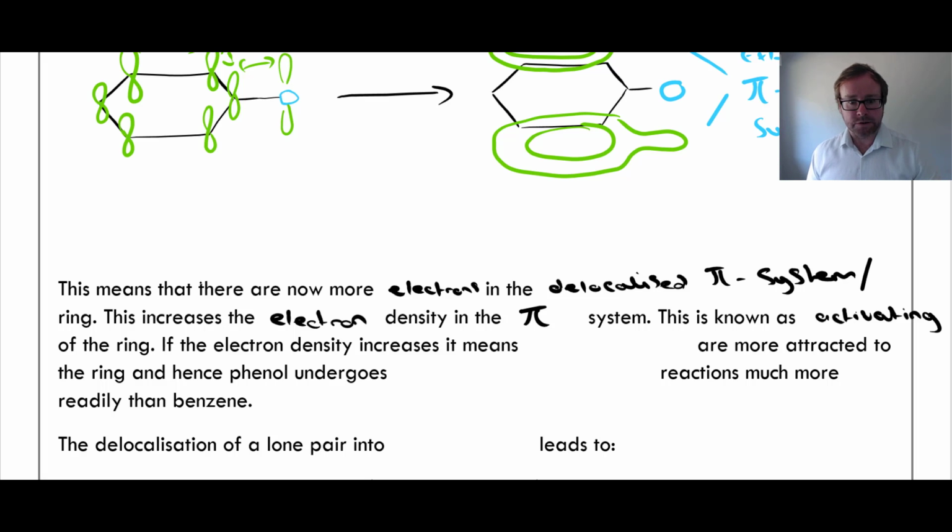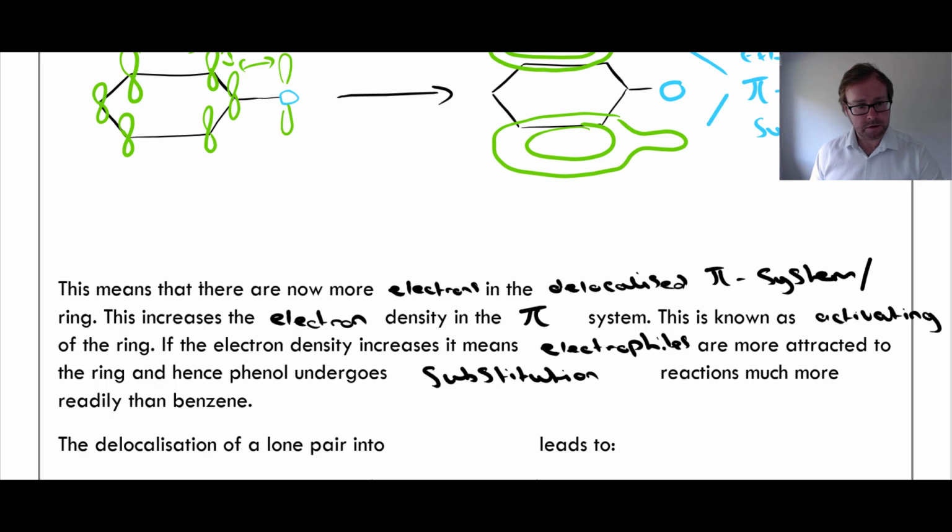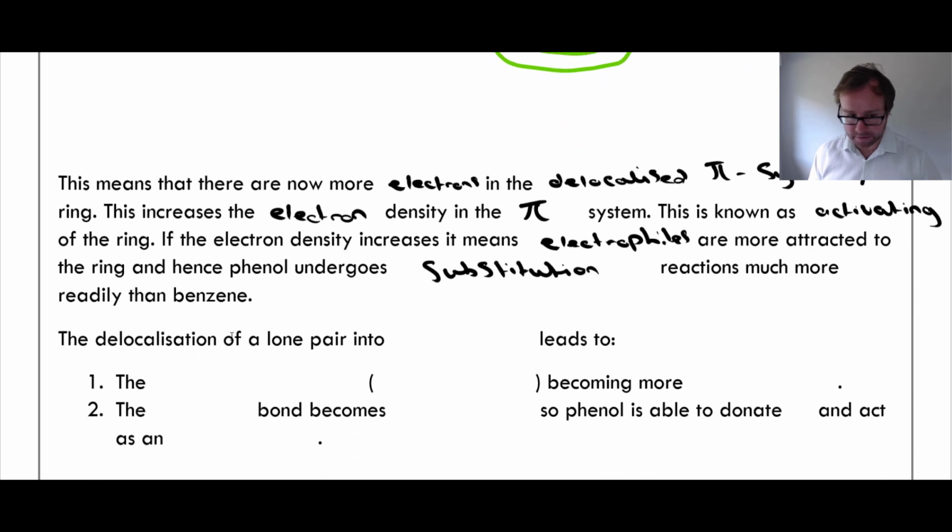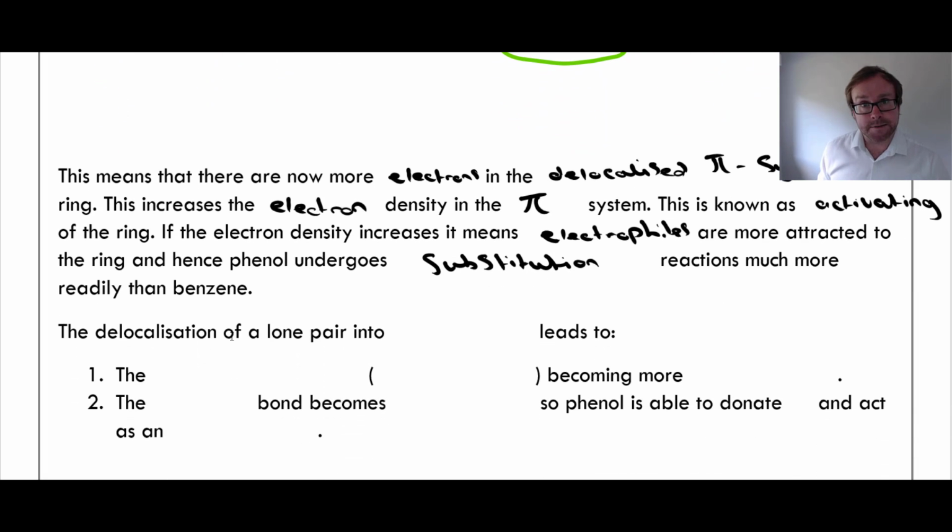So if the electron density increases, it means electrophiles are more attracted to the ring, and hence phenol undergoes substitution reactions much more readily than benzene. Okay, which makes sense.